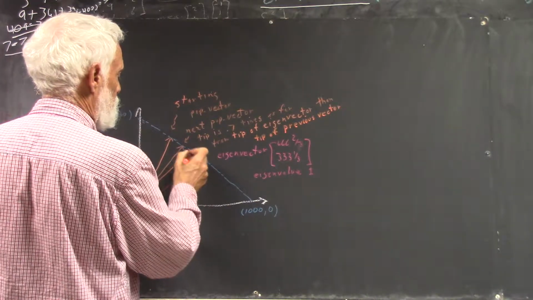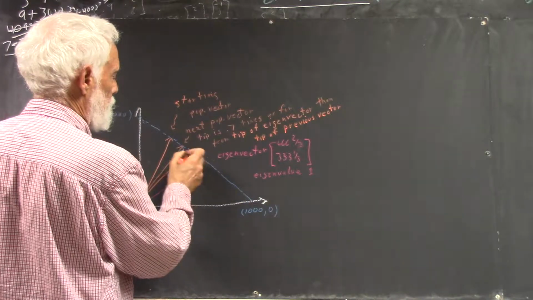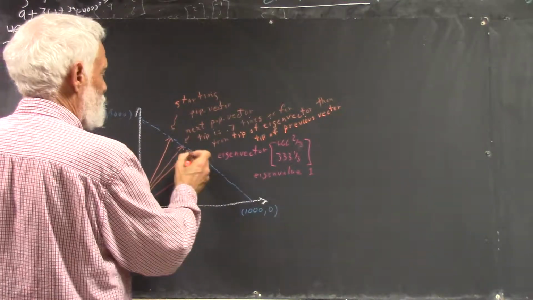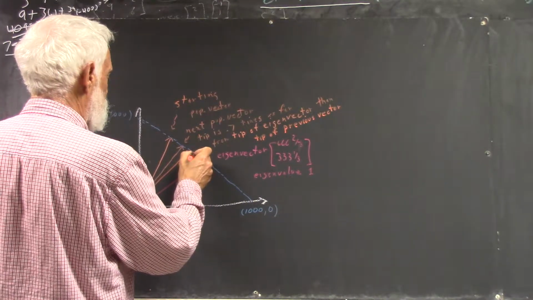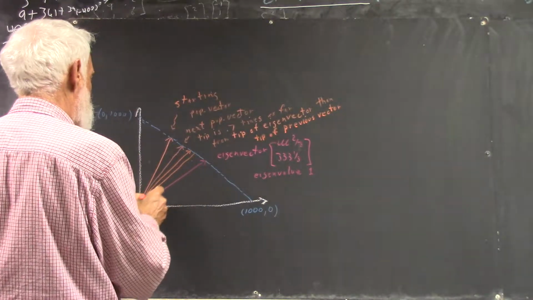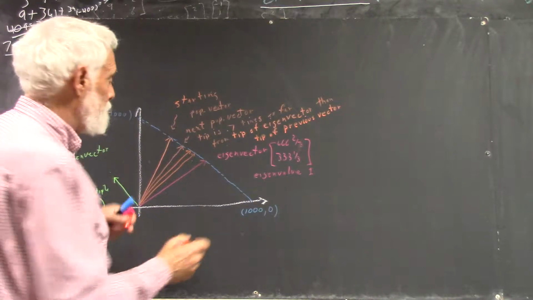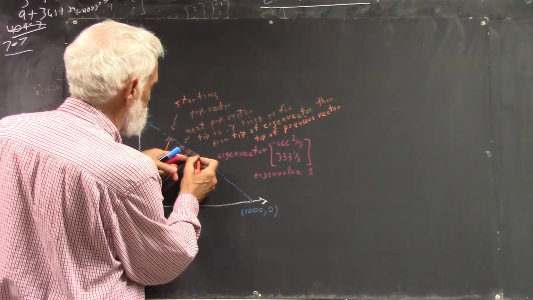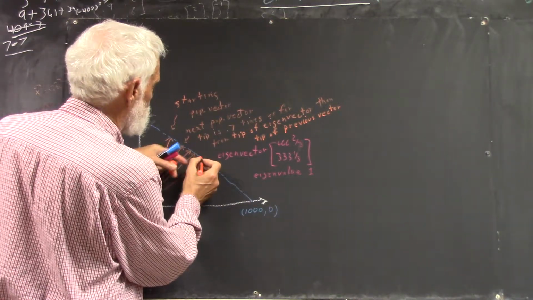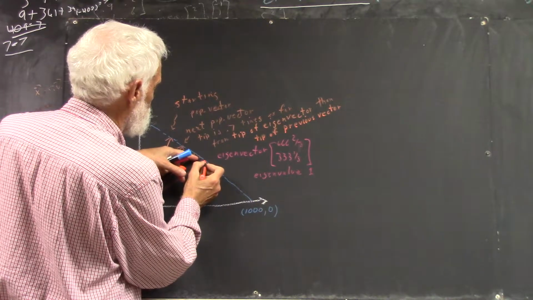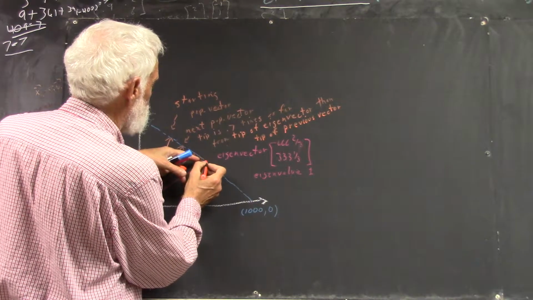So then we go 30% closer, 30% of this distance, so we're at 70% of the distance, and we get this vector, right? And then 30% of this distance is about here, and 30% of this distance is about here. 30% of this distance puts you about here.